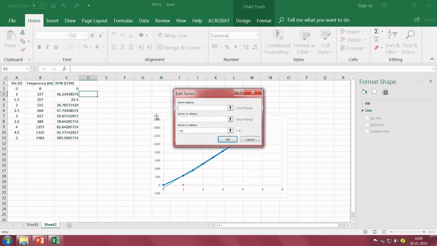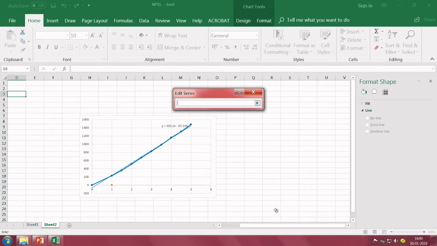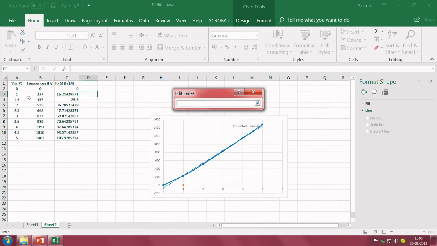I will add a new sequence, which is RPM versus Vin. The X sequence is this particular value, whereas the Y sequence is this value.